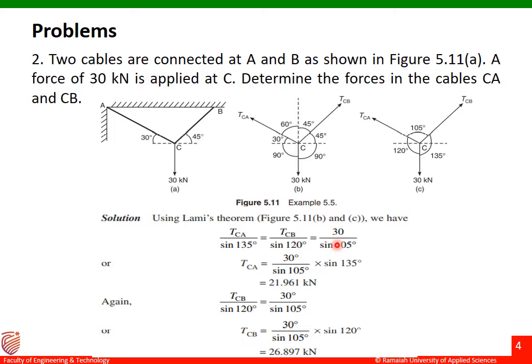Now let us find TCA and TCB. The known term is 30 kilonewton, that is the weight. So we can take the first term and the third term and solve. You can see TCA is equal to 30 divided by sine 105 degrees into sine 135 degrees.